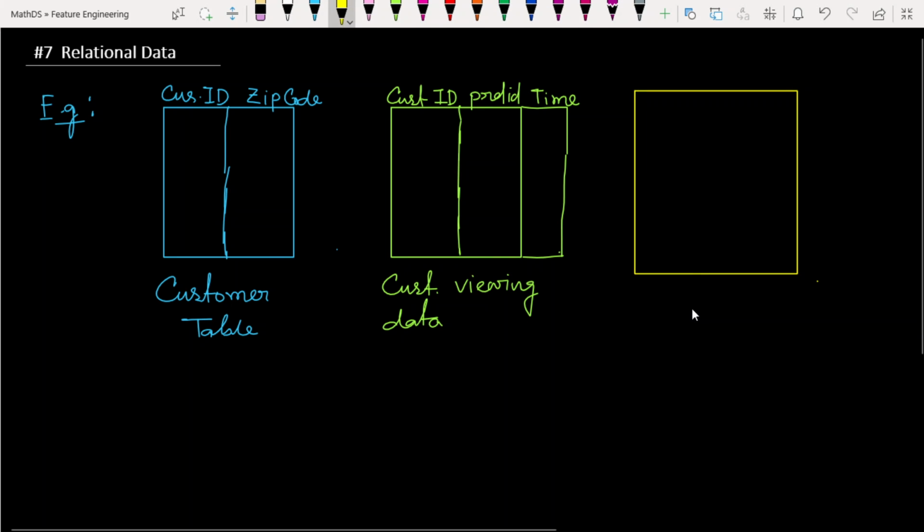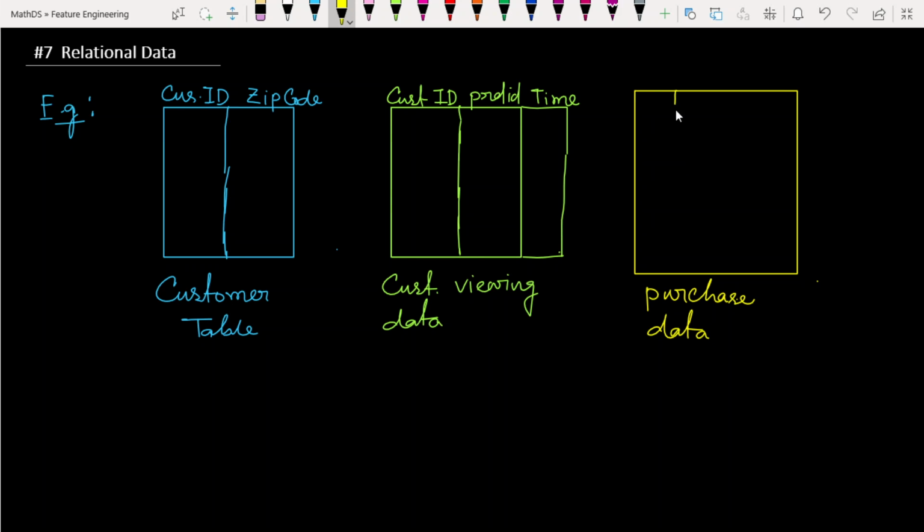Suppose they have another table, the purchase table, meaning purchase data.